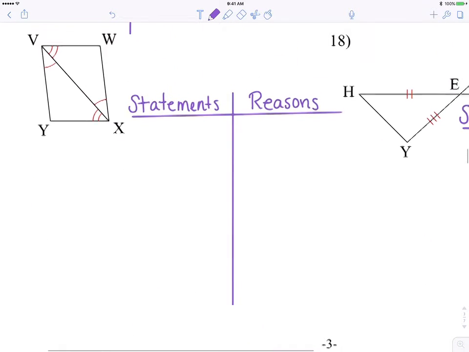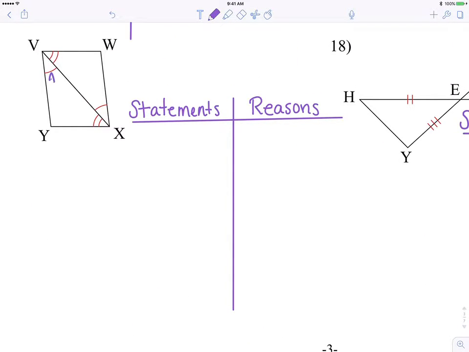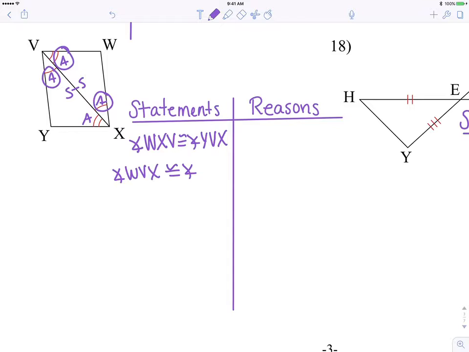17. These 2 triangles are going to be congruent by angle, side, angle. So given to us, we have congruent angles. Start with this one, WXV, congruent to this one, YVX. And then this angle, WVX, is congruent to YXV.